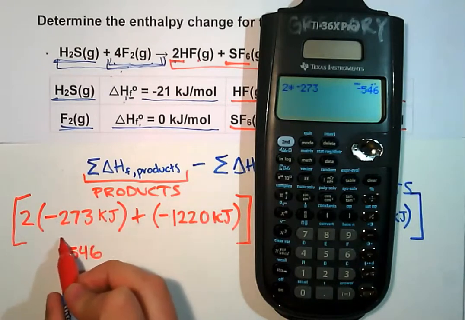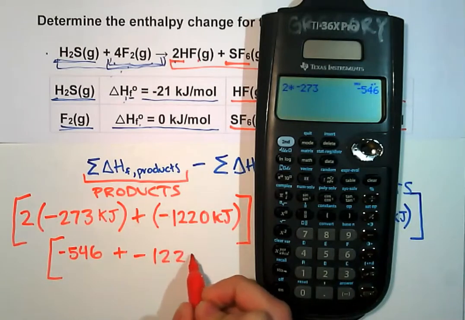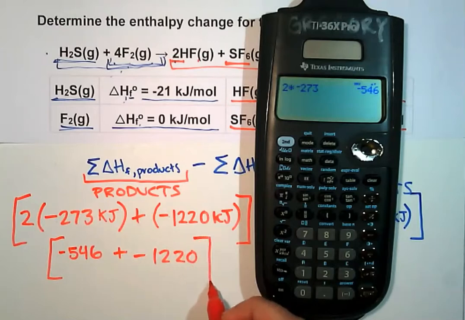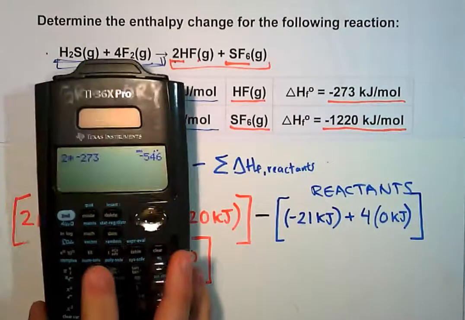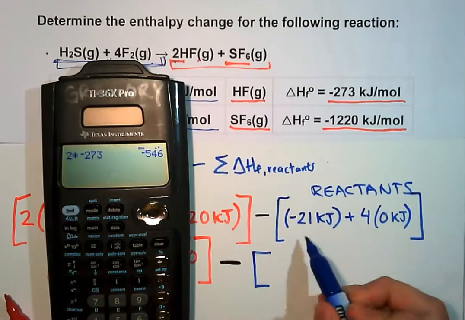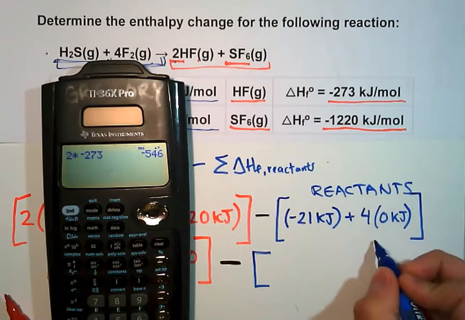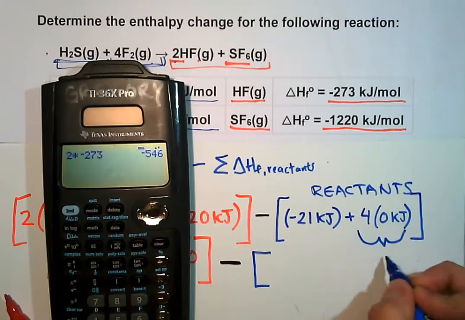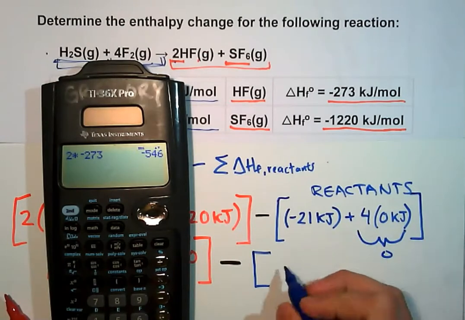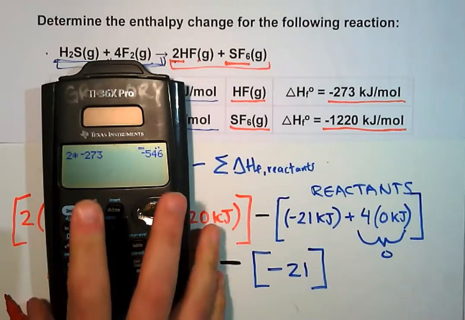So we combined that first section plus negative 1220. Okay, and then on the other side of my reaction, I know that I'm going to subtract between these two things, but then in my other set of parentheses, I have negative 21 plus 4 times 0, which I know is going to be 0, so that's going to go away, so I just have my negative 21 kilojoules on the other side.